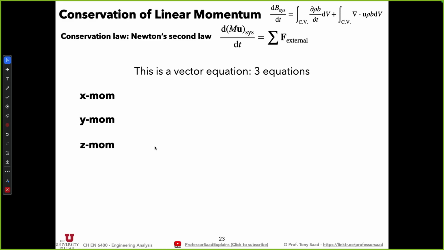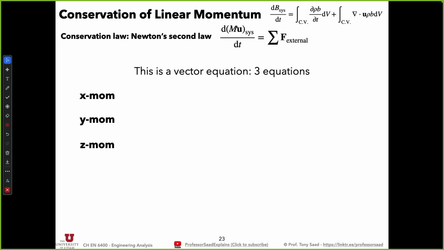So fluid flow has three moms: a mom in the x direction, a mom in the y direction, and a mom in the z direction. From now on, x-mom is conservation of momentum in the x momentum component, y-mom is the y momentum component, and z-mom the z momentum component.